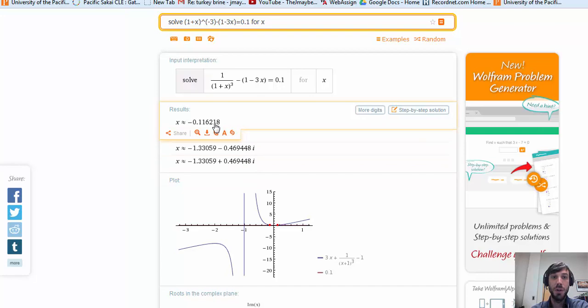But we also get 2 real solutions, which corresponded well to the graph we had in the previous one. So x is negative 0.116 to x is 0.144. So within this interval of values, the difference between these functions, or in other words, the error made in approximating this, is at most 0.1.